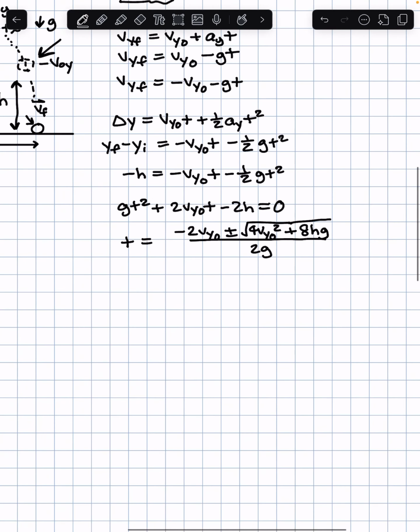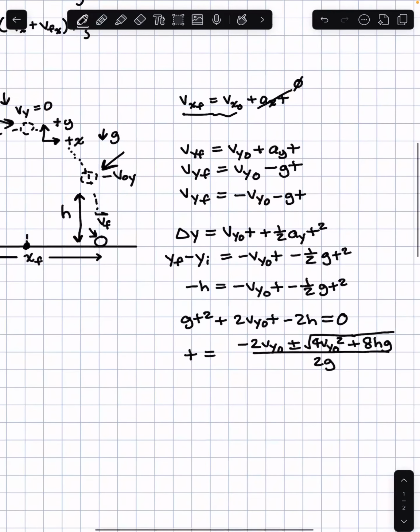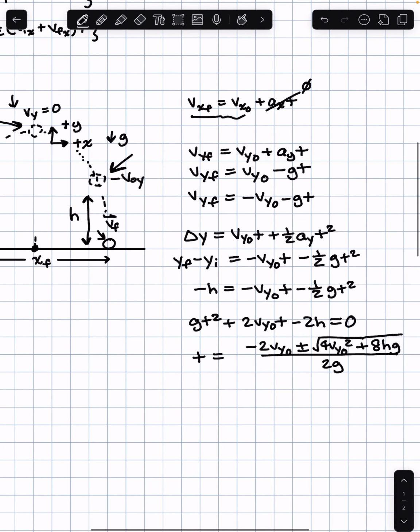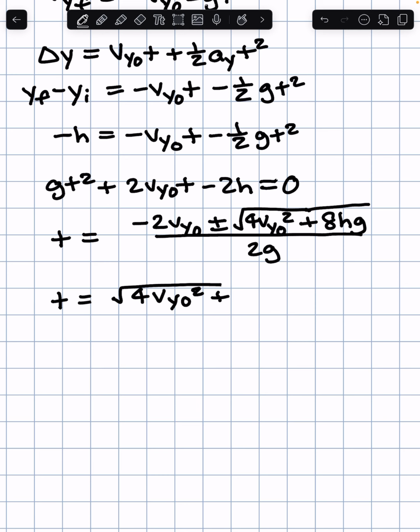This is a very ugly expression. We are going to say that this is going to be positive. So we're going to have that t is going to equal the square root of 4 vy naught squared plus 8hg, minus 2 vy naught, over 2g.